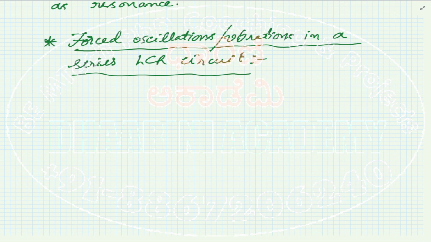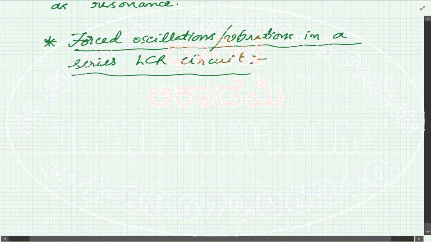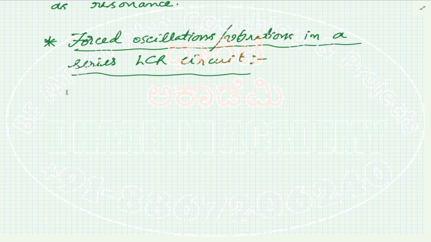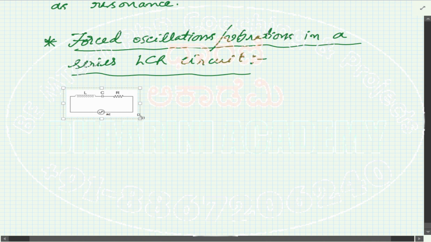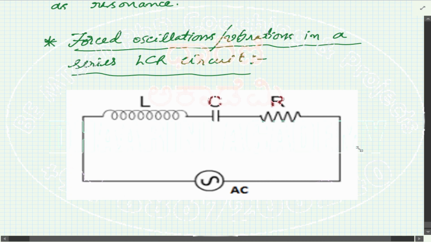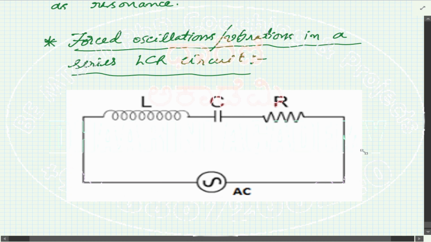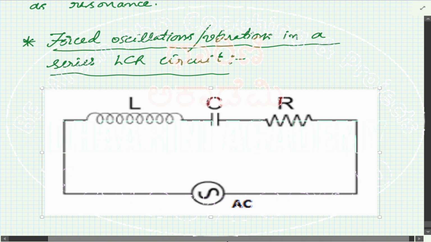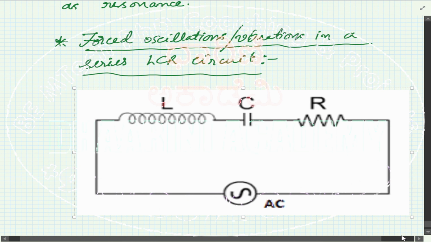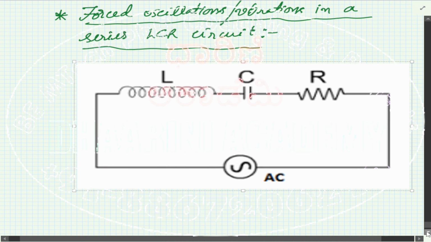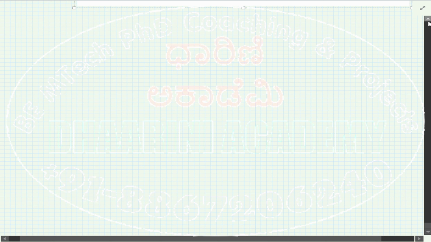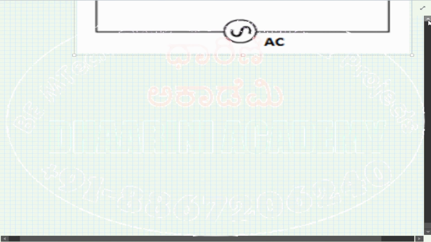In the field of electrical or electronic, we have three very basic components, and such components have different characteristics and different representation. So let's say this is a circuit containing the three basic components: L for inductance, C for capacitance, and R for resistance.